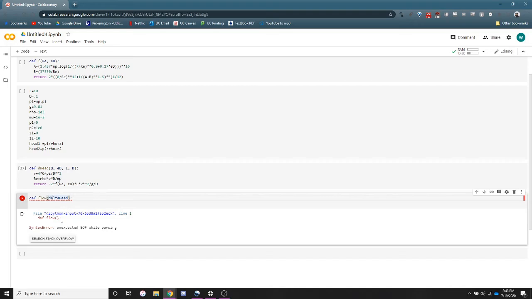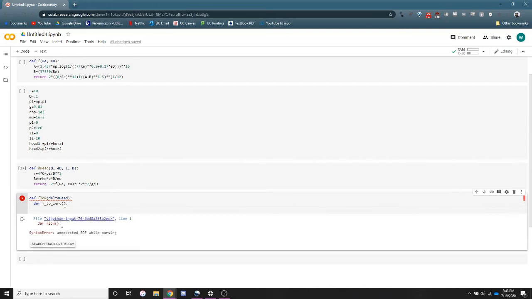For that, we need a function we call f to 0, which subtracts our iteratively calculated change in head from our input delta head, and then we try to bring that function to 0 using Newton's method.